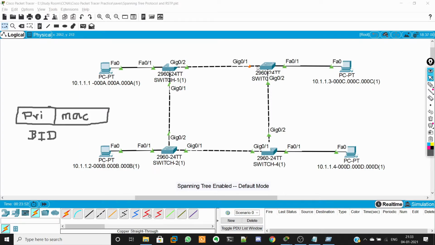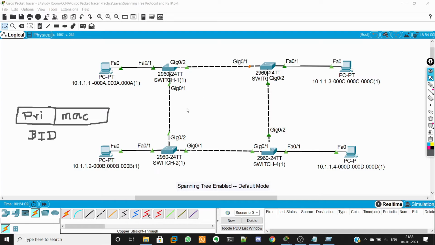The next switch receives the BPDU. The switch 3 compares its own priority value with the incoming priority value. If the incoming priority value is lesser than its own priority value, it simply stops advertising its BPDU and forwards the BPDU sent by the switch 1.